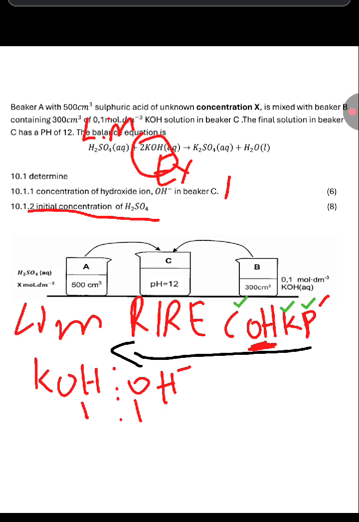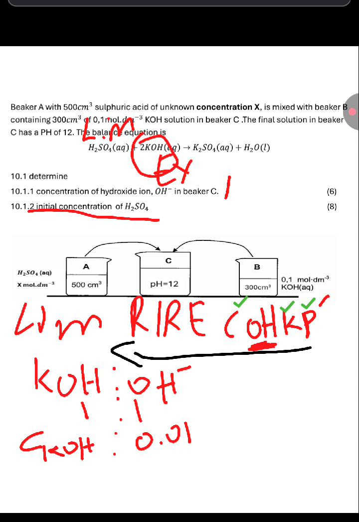Right. Now, the concentration of hydroxide ions, we got it to be that. Now, what is the concentration of KOH? Okay, we want the concentration of KOH.